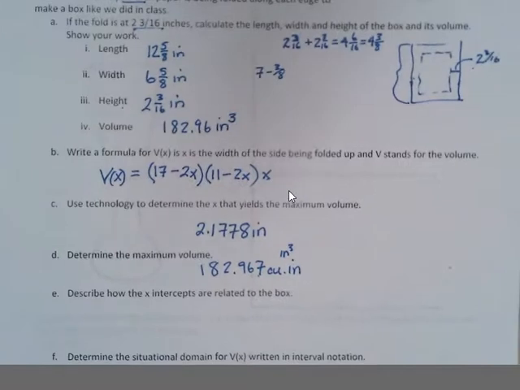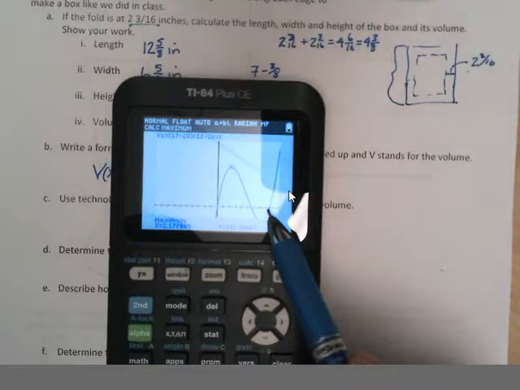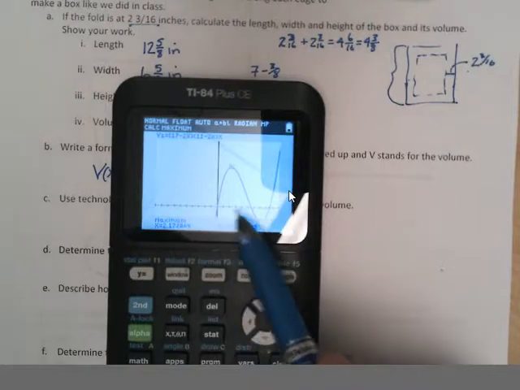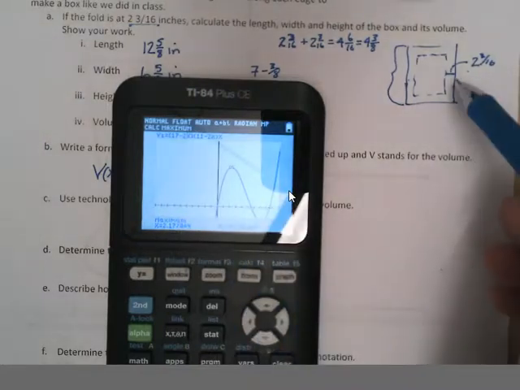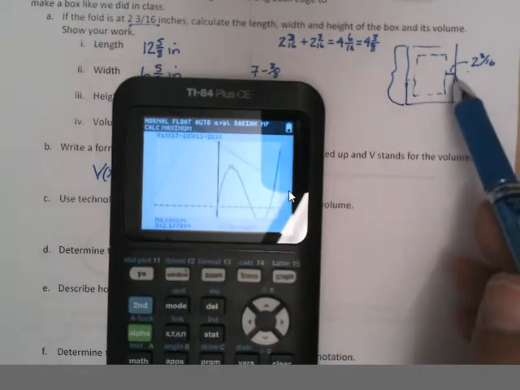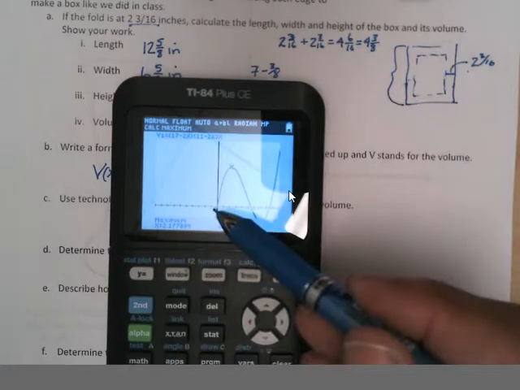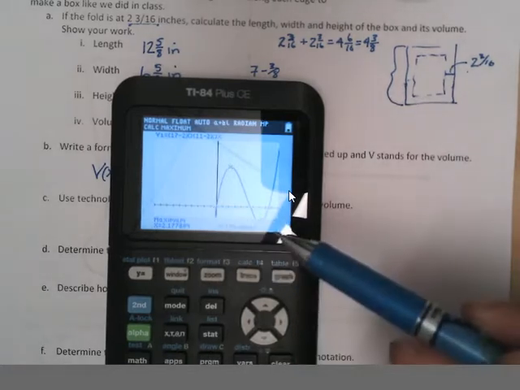Now it says, what are the x-intercepts? Well, here are the x-intercepts. Now, x is the size of the fold up. So 0 would be when we don't fold up anything. That's why we got 0, and it would have no volume.